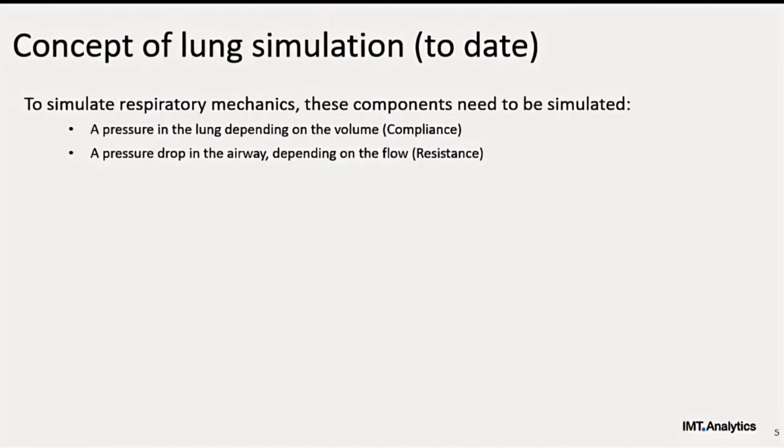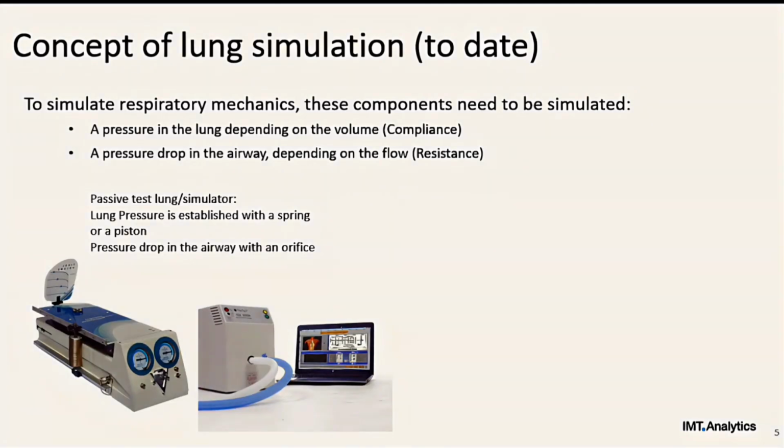And you need a pressure drop in the airway to also simulate the resistance. There are many, many more pieces to that, but these are the main components. And to date, most of them are used with a piston-based closed chamber or with a bellow, and they work well. So they do what they have to do.